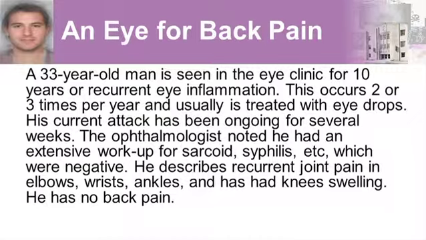The ophthalmologist noted in his referral note to the rheumatologist, he's had an extensive workup in the past for sarcoid, syphilis, and multiple conditions, which had all been negative. But he is referred because he has this kind of history of recurrent joint pain, kind of elbows, wrists, ankles. But he clearly describes what he describes as swelling of his knees.